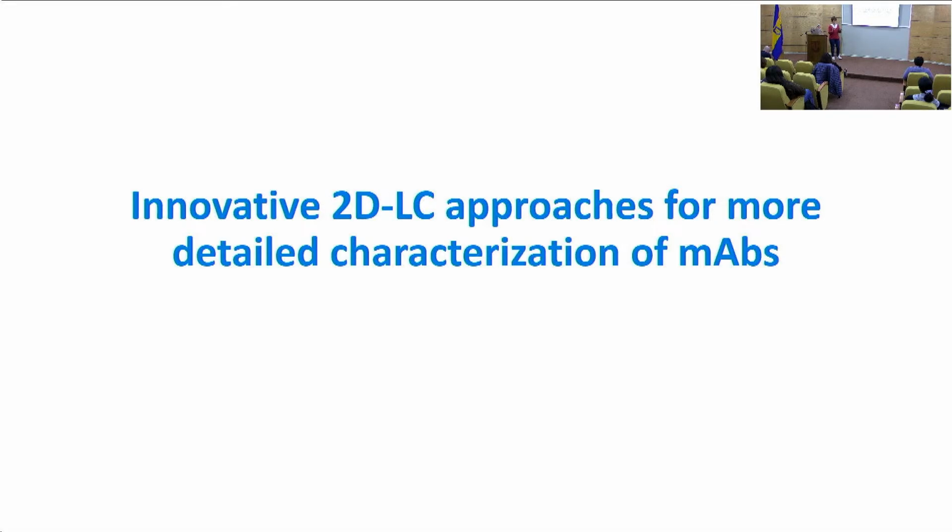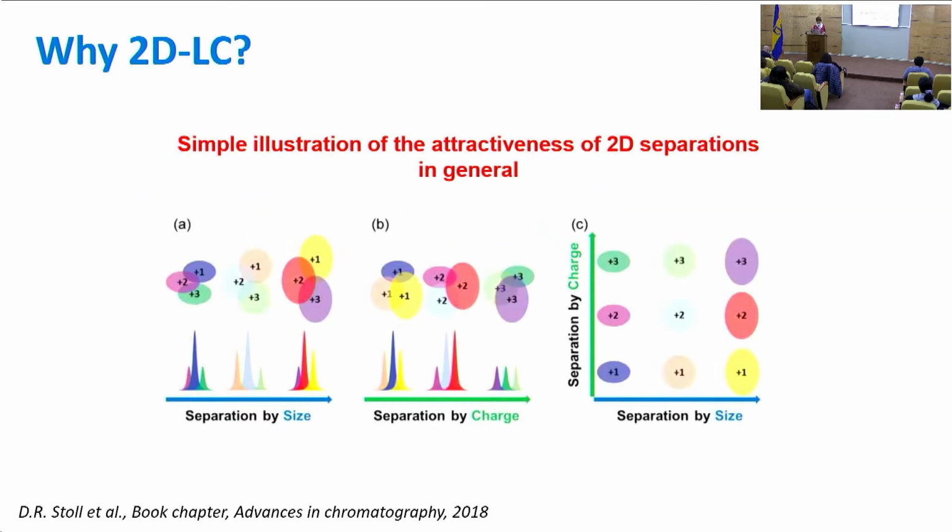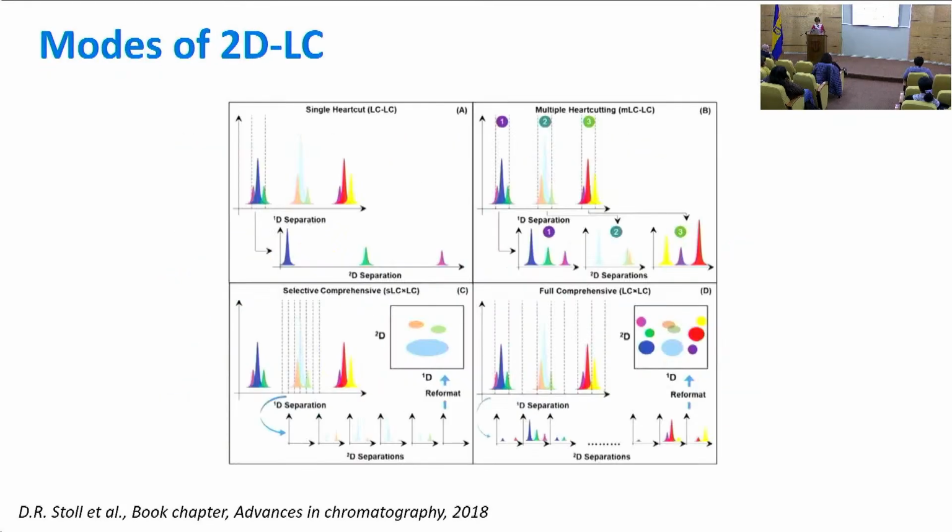That could happen. Also, sometimes the truncation is small, you don't see it, but still it's important. So that's why 2D LC approaches have been proposed, just to illustrate here the interest of the second dimension.